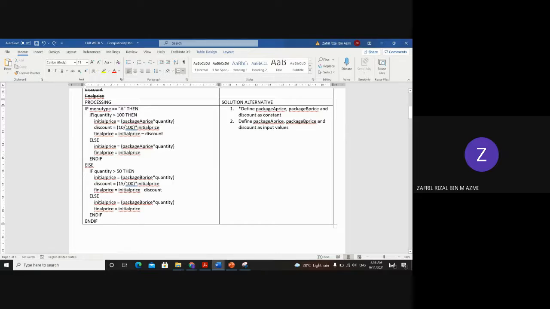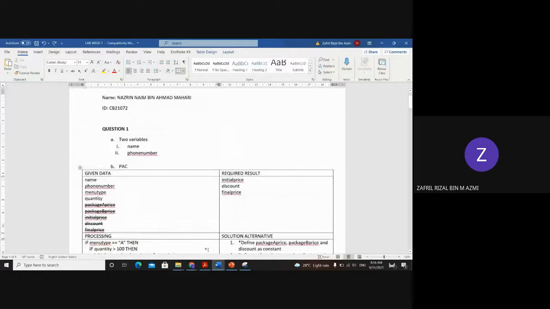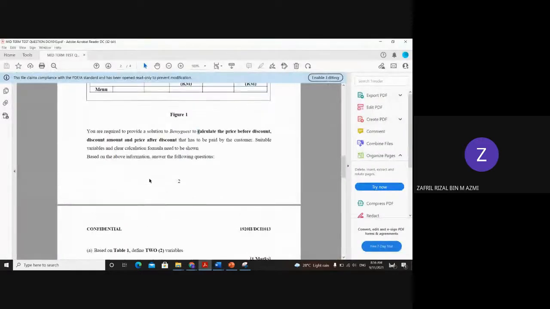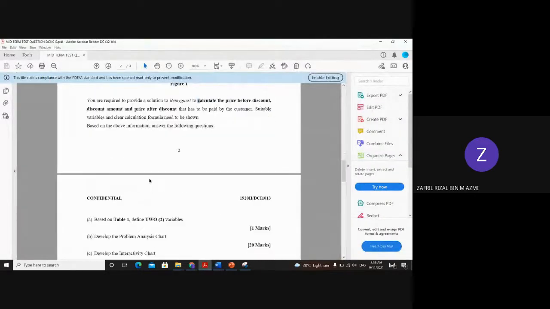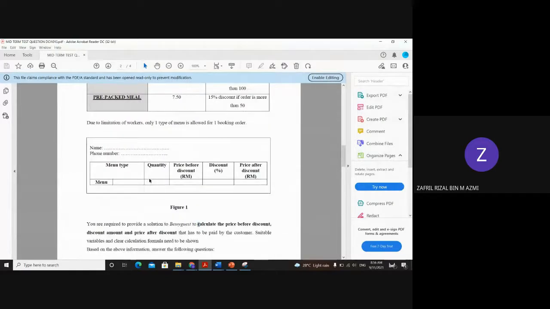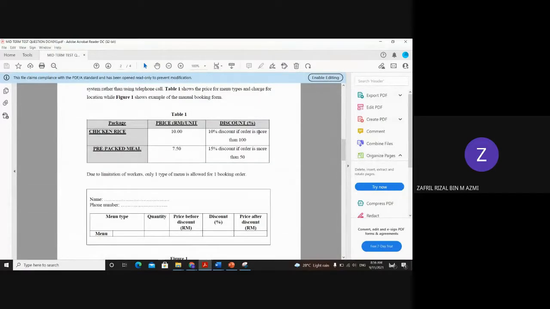And then, why do we have nested over here? Because if you refer back to the question, it specifically gives you this table. You can see straight away the first main condition is the price, to determine the price based on the package. If package chicken rice, this is the price.